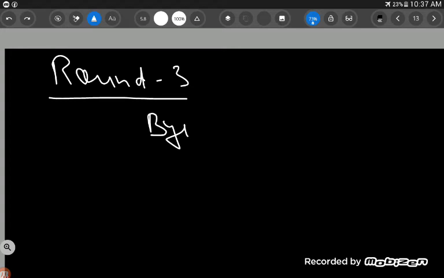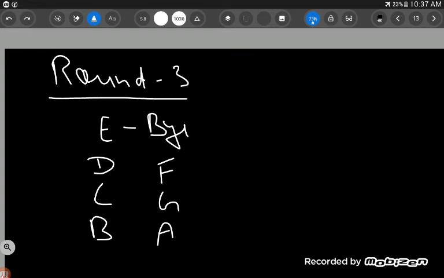So which team will come at the place of G? F, then G, then A, then B, C, D, E. How many teams have I written here? 7 teams. Here team E is getting the bye.